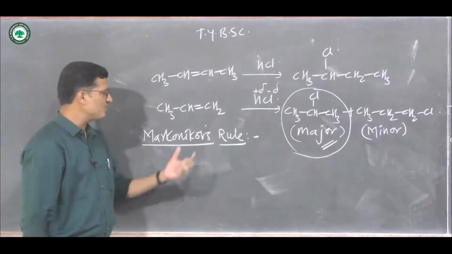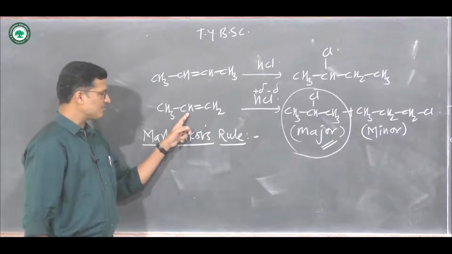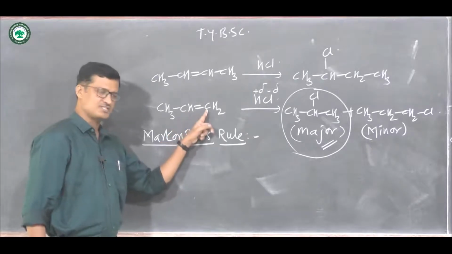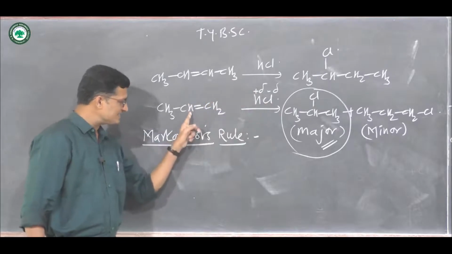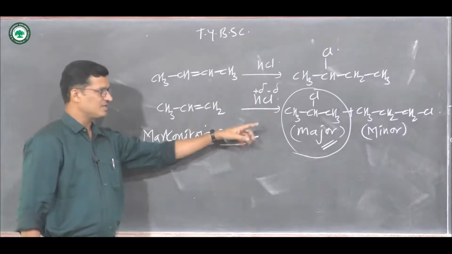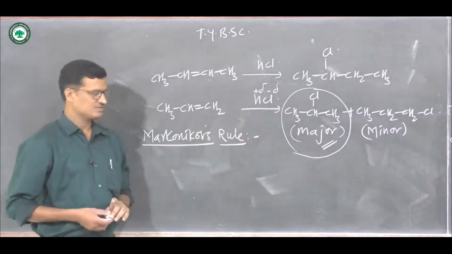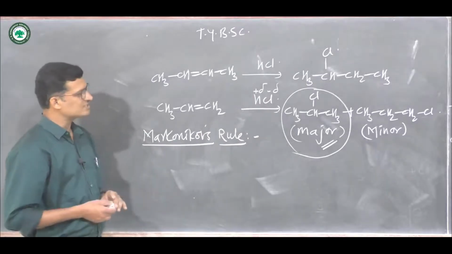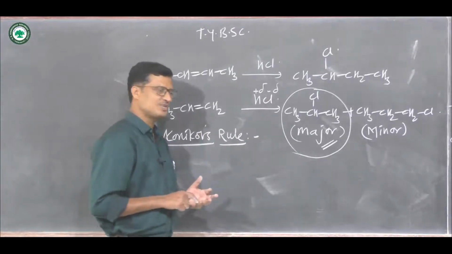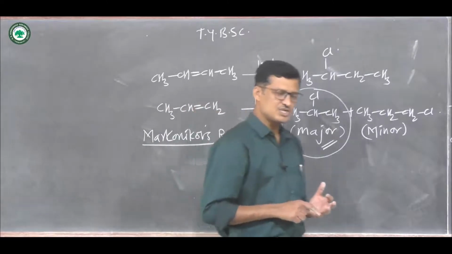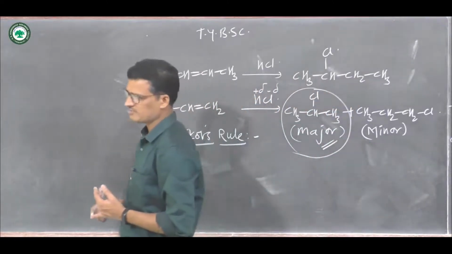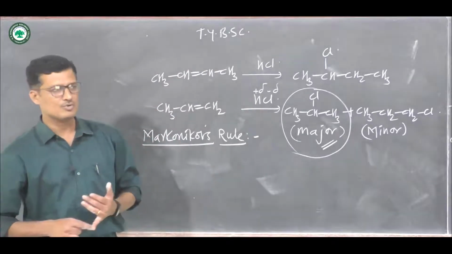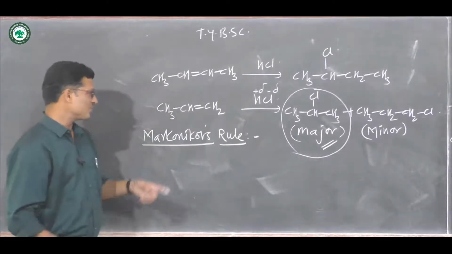Which carbon? The olefinic carbon. This carbon has one hydrogen, and this carbon carries two hydrogens. The negatively charged species, chlorine, goes to this carbon, then this product is major and the other is minor. So Markovnikov addition is nothing but the negative part of the reagent attaching to the olefinic carbon which carries fewer hydrogen atoms.